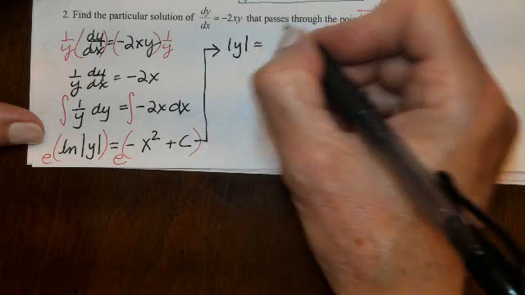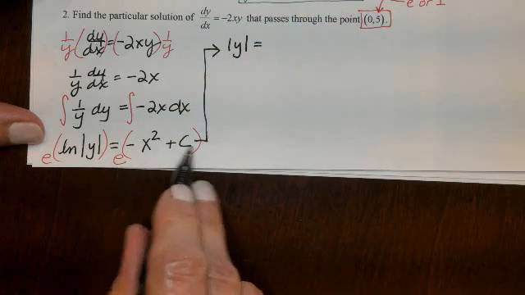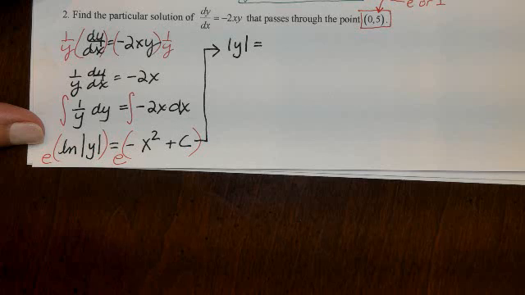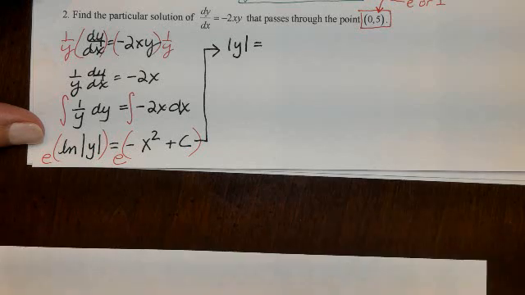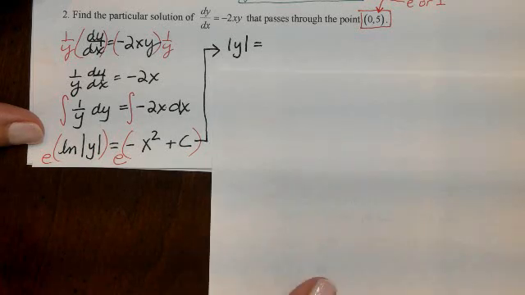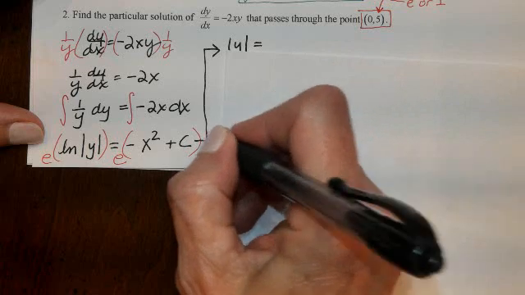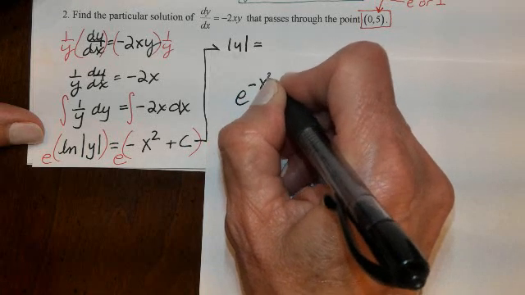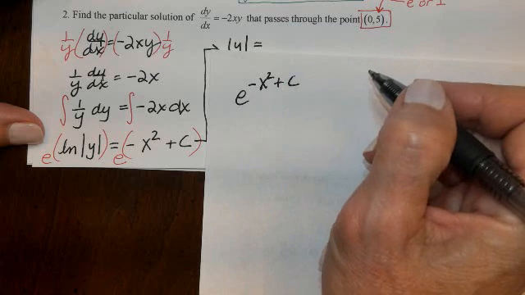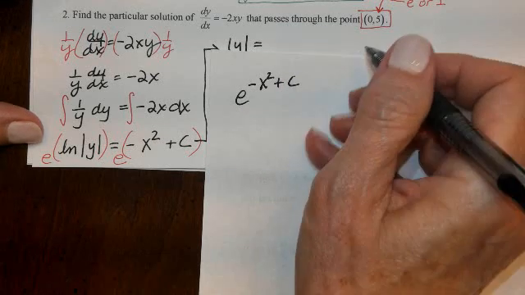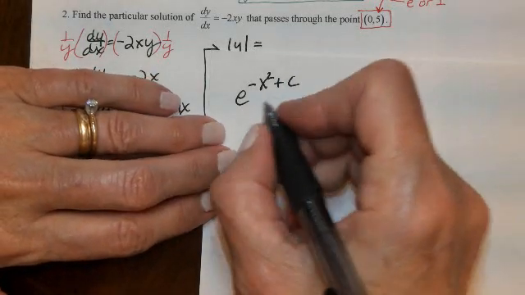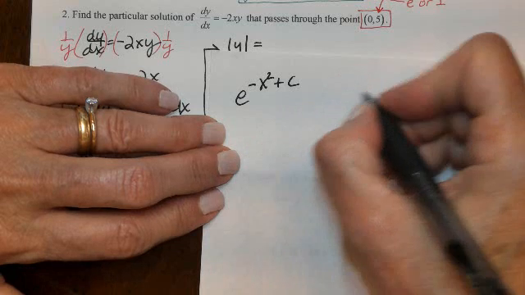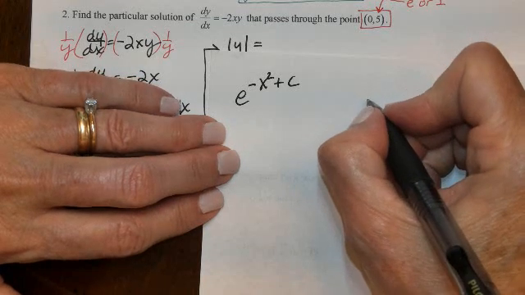On the other side, I'm going to come off to the side and think about this for a second. If I have e to the negative x squared plus c, which I do, I want to review a little bit of an exponent property.